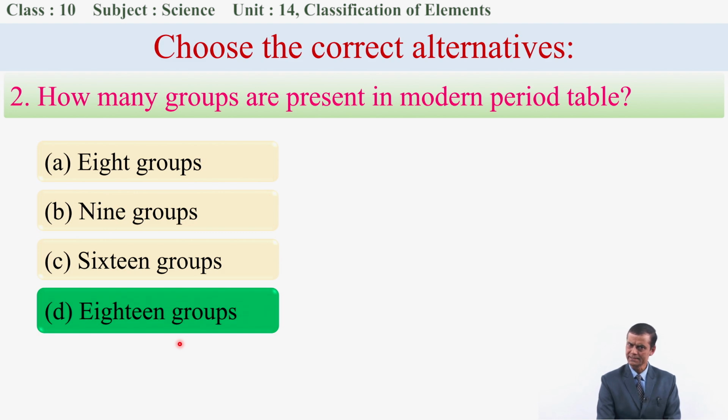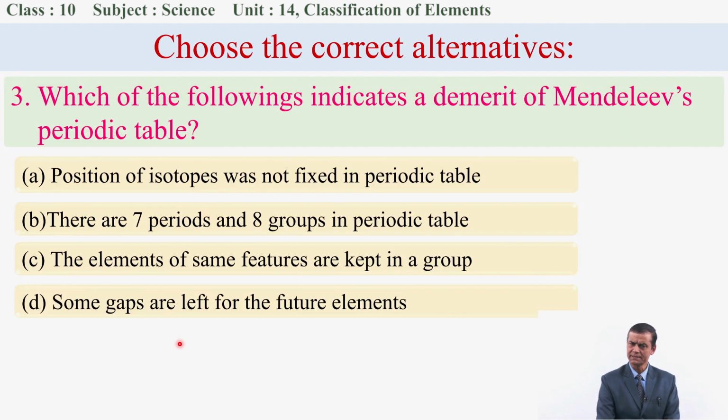Now, let's see what is question number 3. Yes, question number 3 is like this. Which of the following indicates the demerit of the Mendeleev's periodic table? Which of the following indicates the weakness of the Mendeleev periodic table, which we have already discussed? Yes, the first one is position of isotope was not fixed in the periodic table.